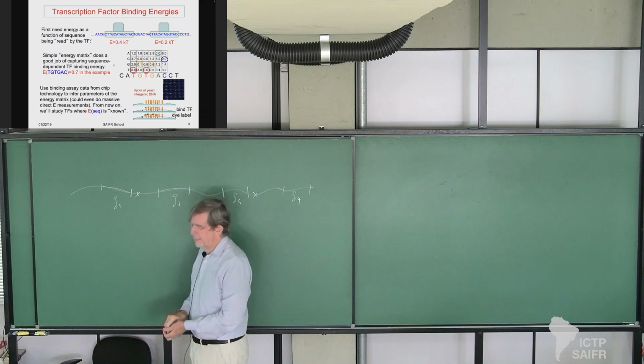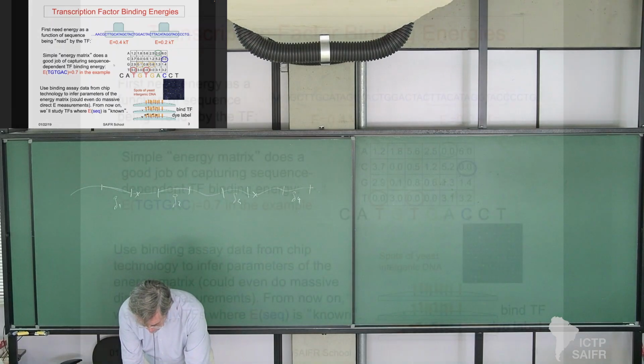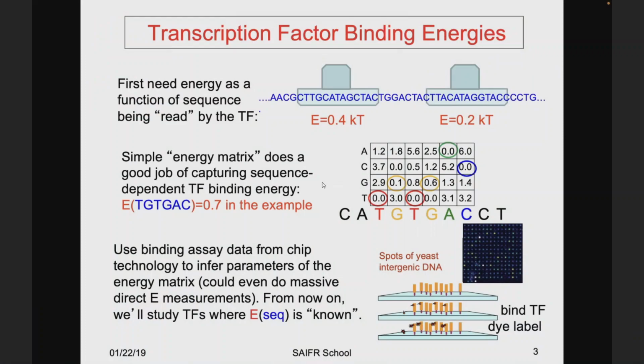It's actually pretty old hat by now. Out of the 6,000 intergenic regions in yeast, if you have a transcription factor that you know is supposed to regulate the expression of 10 genes or something like that, you can measure which ones it binds.